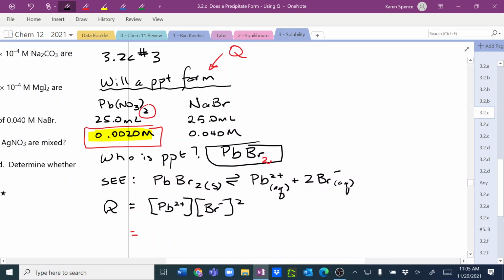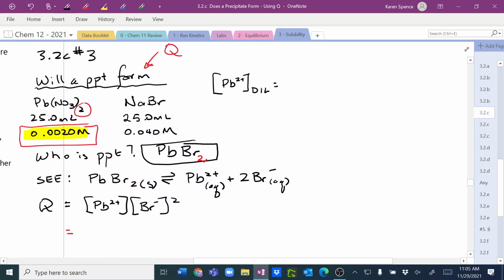And so now we want the concentration of lead diluted, which is going to be the same as the concentration of Pb(NO3)2, because there's one lead in one lead nitrate.